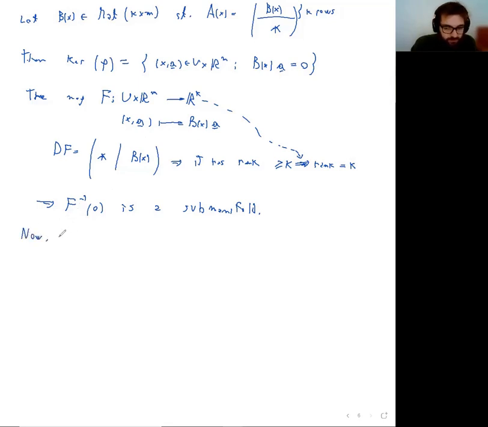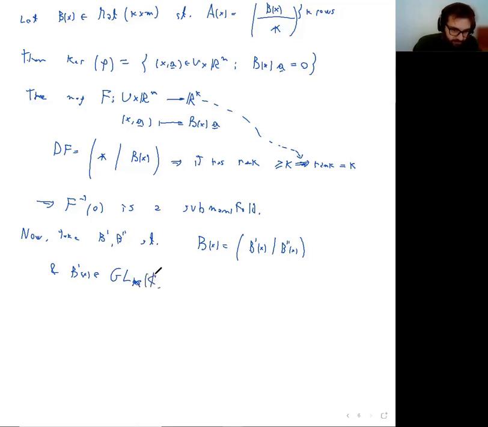So now we want to, so this B is not a square matrix, right? So we take B' and B'' such that B(x) is (B'(x), B''(x)), and B'(x) is in GL_k.